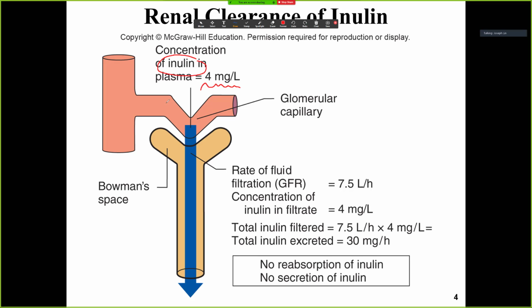As it gets into your nephron, it goes into the glomerular capillary and is filtered through the Bowman space. And eventually, you're going to be able to draw out a GFR of about 7.5 liters per hour. You take the concentration, 4 mg per liter, and multiply it together, and you get a total amount of how much is actually excreted. So you have roughly 30 milligrams of that chemical coming out per hour.